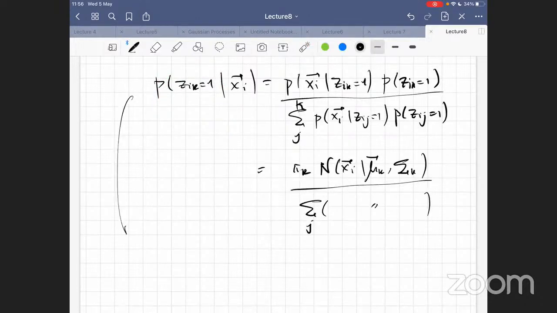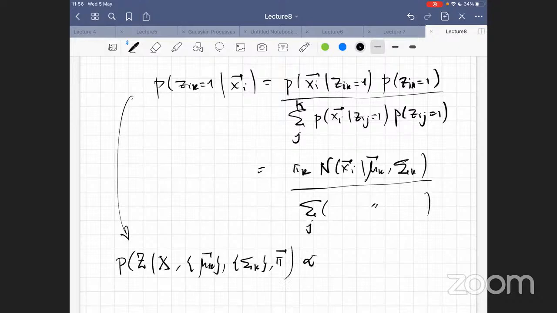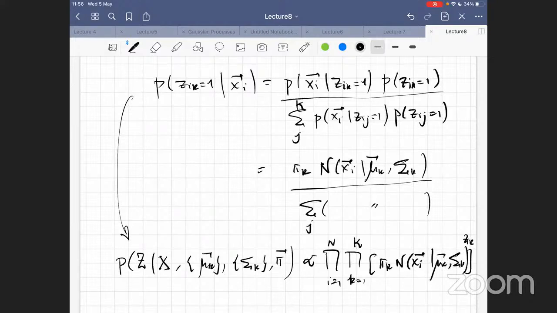So in other words, let me just rewrite the whole thing as the following. The posterior of all the z given all the x's, all the points, given some parameters, the parameters with respect to which I need to optimize, is going to be proportional, and let me now forget about the normalization, to this expression, which is a multiplication of all the terms above: the Gaussian of x_i given mu_k and sigma_k, to the z_ik. Again, I can write this for a particular value of z_ik.